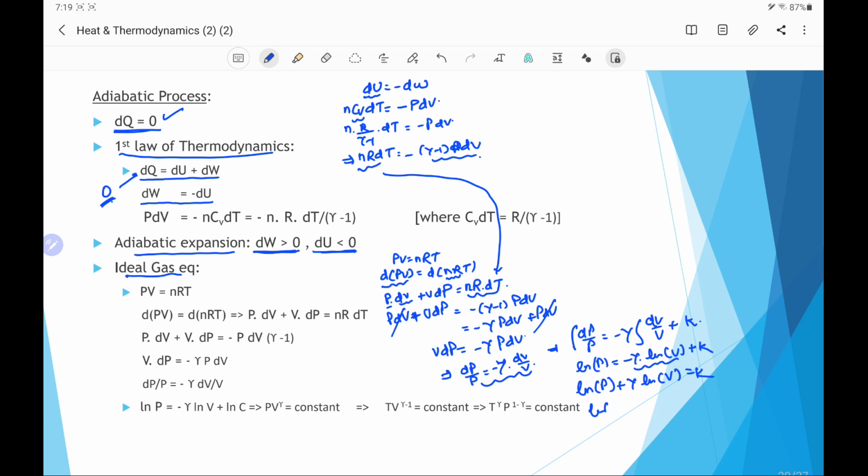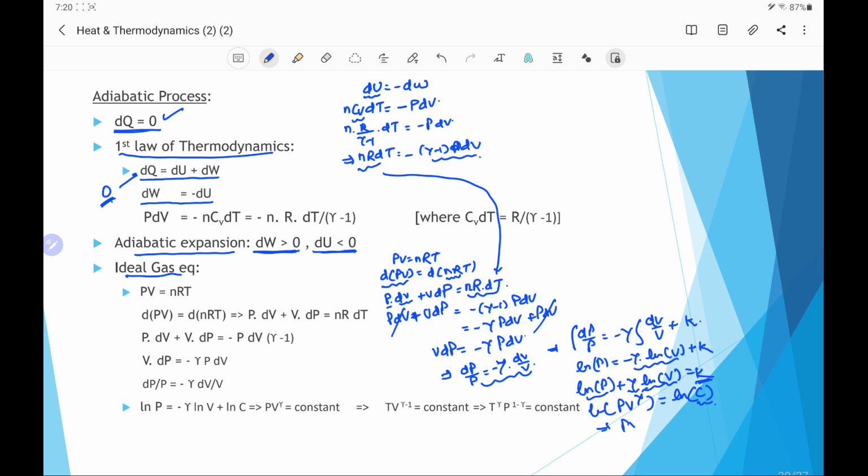We can write it as log of P V to the power gamma, because the gamma, if we bring inside the log, becomes the power of V, and because log P and log V are in addition, they are multiplied in the argument of the log. So it is P V raised to the power gamma, equal to k, and this k we can replace in terms of log, that is log C. C is also a constant.